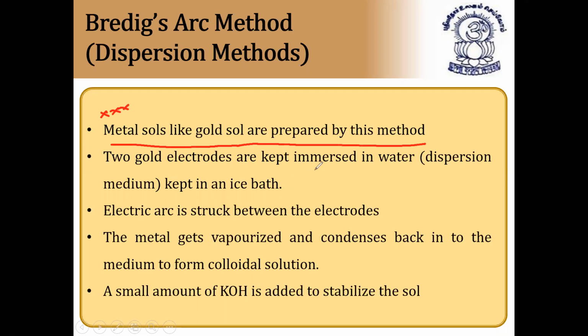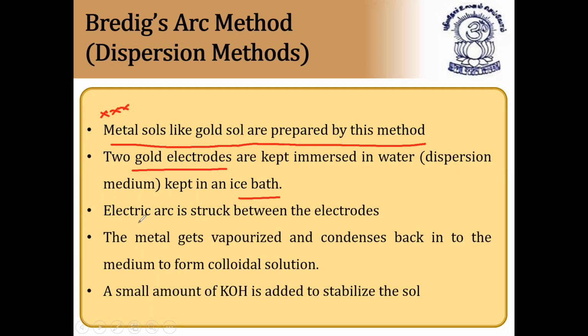Two gold electrodes are kept immersed in water, the dispersion medium, kept in an ice bath. Electrodes means one is cathode and the other is anode. So two gold rods are kept immersed in water, the dispersion medium, and gold is the dispersed phase, kept in an ice bath. Ice bath means this water is covered with ice.